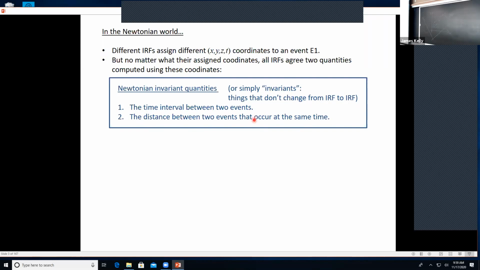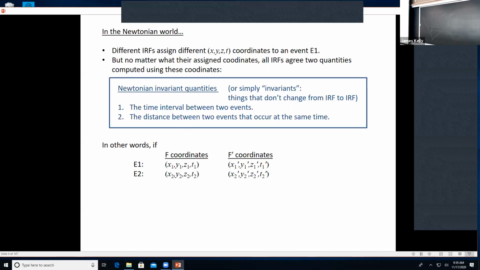But what is an invariant is if you imagine two events that occur at the same time, then Newton is going to say that everybody agrees on the distance between them. So we actually have two invariants in the Newtonian world when we allow, for all the different IRFs that we could have. Okay, so just in terms of symbols, we have two IRFs, F and F prime.